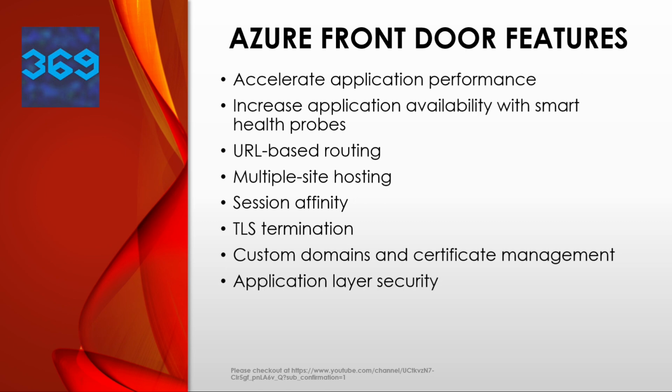Application layer security. Azure Front Door allows you to author custom web application firewall, that is WAF, rules, which we had seen in the previous sessions. And WAF is used for access control to protect your HTTPS and HTTP workloads from exploitation based on client IP address, country code, or HTTP parameters.